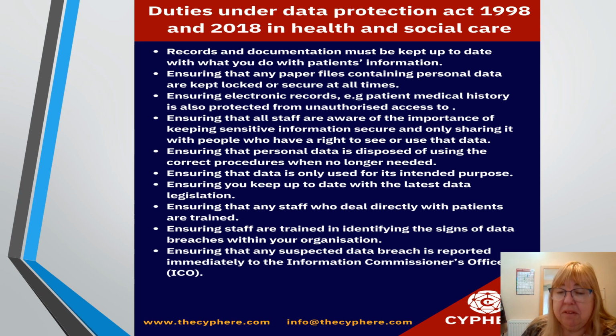Ensuring that any suspected data breach is reported immediately to the Information Commissioner's Office, and then it will be investigated, and the outcomes will be as they are. Somebody might be fined. It might be accepted as an accident. It might not be. It might be saying that someone's doing it for financial benefit. Doesn't really matter. Your job is to make sure that information gets sent on. As a junior member of staff, it's probably better that you report it through your manager.